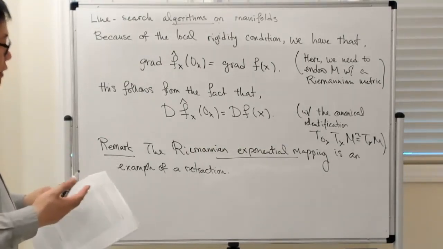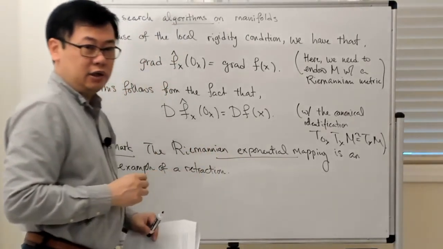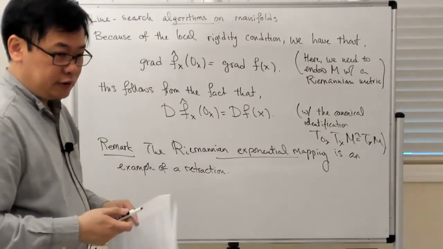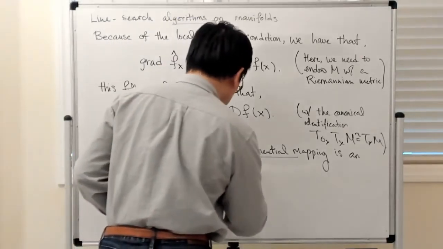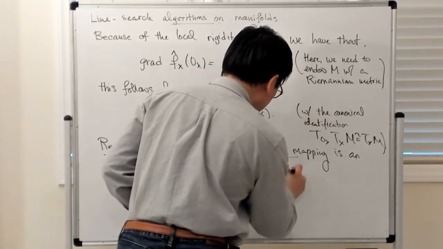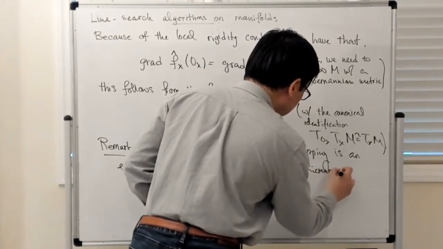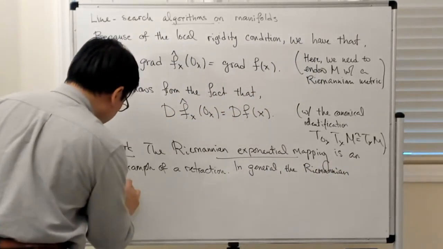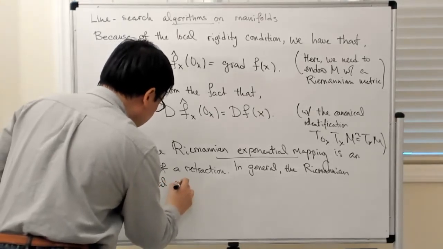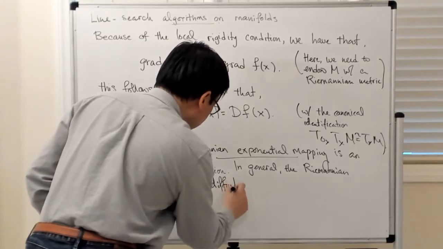But the problem is that it's oftentimes very difficult to compute the Riemannian exponential because, in general, it involves solving a system of nonlinear differential equations. So, in general, the Riemannian exponential can be difficult to compute.